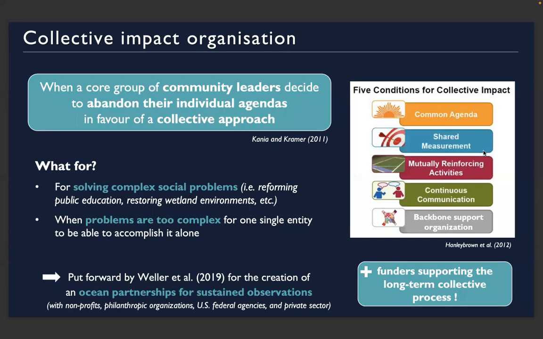This was described for the first time by sociologists Kania and Kramer in 2011. They say that collective impact is reached when a core group of community leaders decide to abandon their individual agendas in favor of a collective approach. This has been working for solving complex social problems, such as reforming public education or restoring wetland environments.